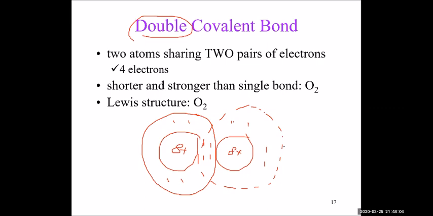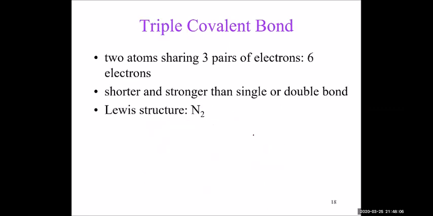We call it a triple bond. There are many molecules that can have a triple bond, but the simplest example is the nitrogen molecule, N2, where both are nitrogen. If you check your periodic table, nitrogen is group 5. Group 5 has 5 valence electrons.